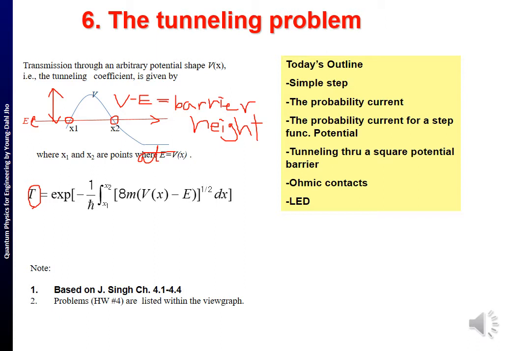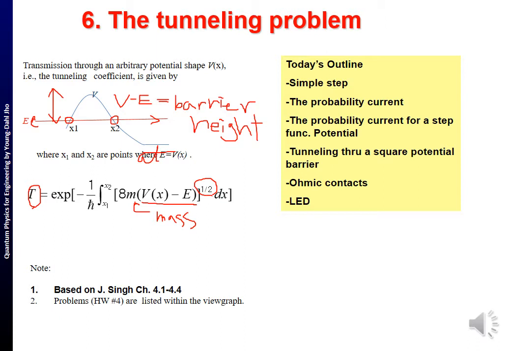So the transmission coefficient is an exponential, and within the exponent, minus 1 over h bar, integral from x1 to x2, and within the square root, 8m. m is the mass, so mass is an important parameter here, and then the barrier height. So this is the solution.